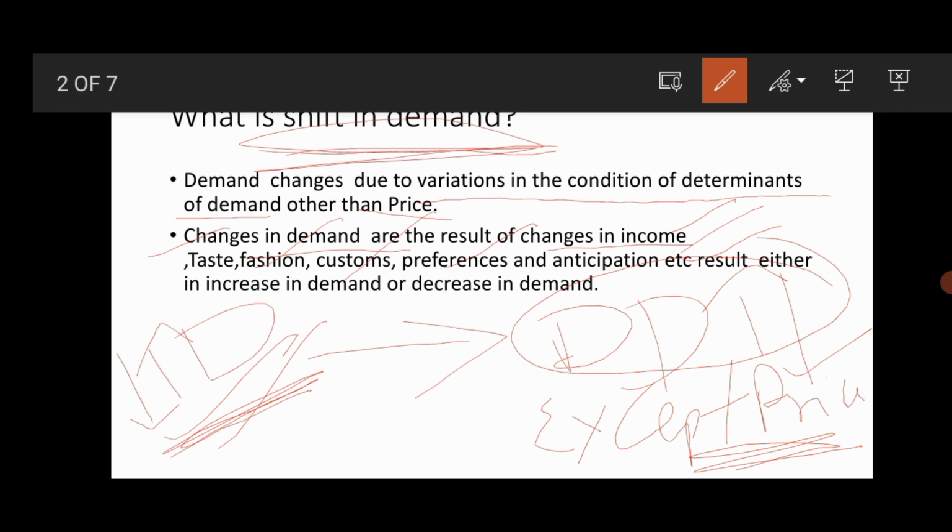Any change that has taken place in these results either in increase in demand or decrease in demand.